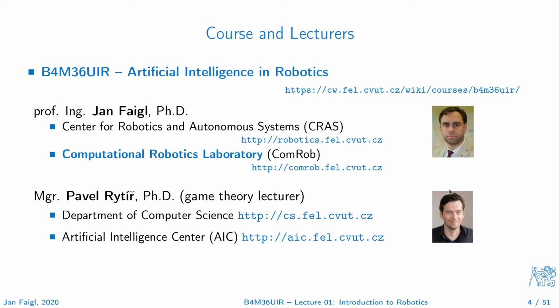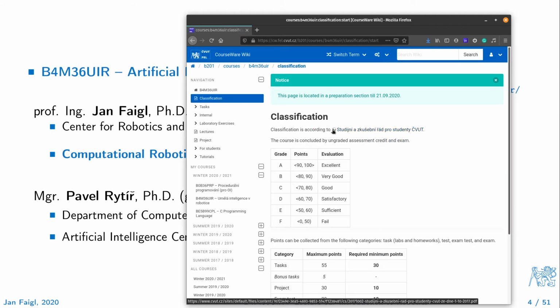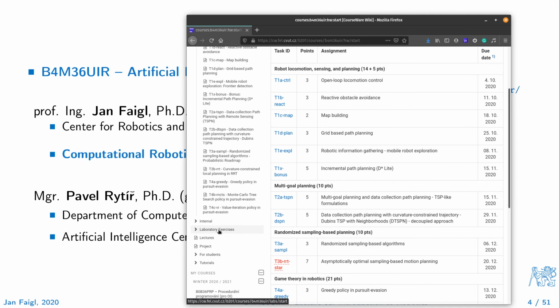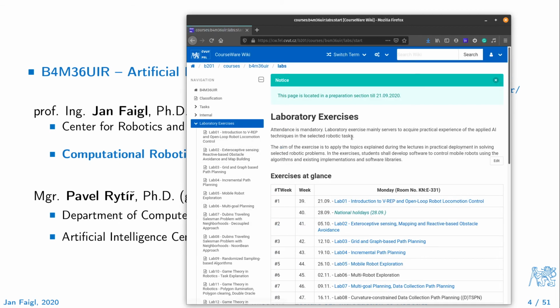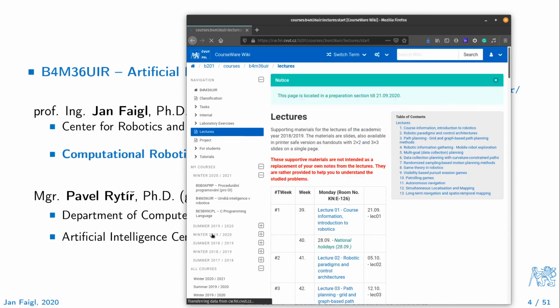The Artificial Intelligence in Robotics course has web pages on the faculty courseware where you can find information about the teachers, classification, which is quite important and I will cover it in a few seconds, also the tasks that are required to achieve the classification, and the overview of the laboratory exercises, and finally, and most importantly, the lectures.